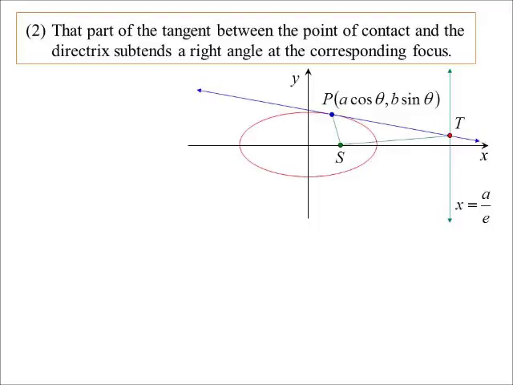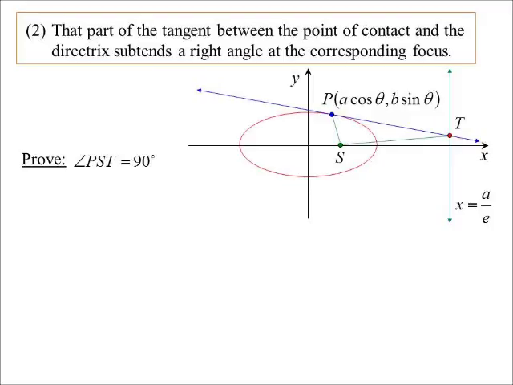So it's saying that part of the tangent between the point of contact, P, and the directrix, T, subtends a right angle. Remember, subtend, you get 2 points, join it up to a third point. So that third point in this case is the focus. So basically we want to prove angle PST is 90 degrees. Subtends a right angle at the focus.